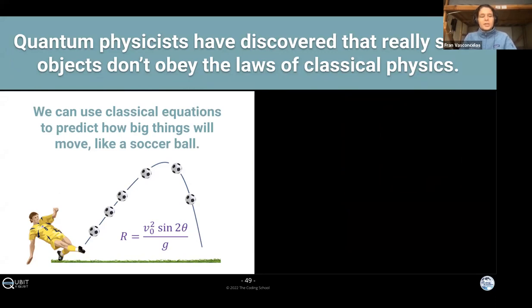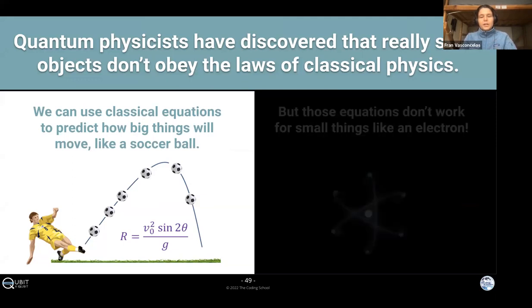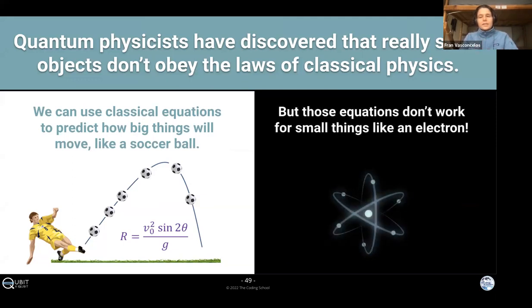So for example, you could predict the trajectory of a soccer ball when you kick it, all those sorts of things. It turns out, however, that all of these laws that you learn about in a classical mechanics setting don't actually apply at the really small scale. And so for that, we need a whole new type of physics, and that physics is quantum mechanics.